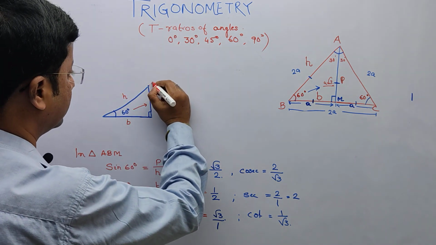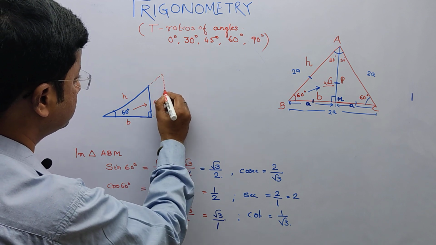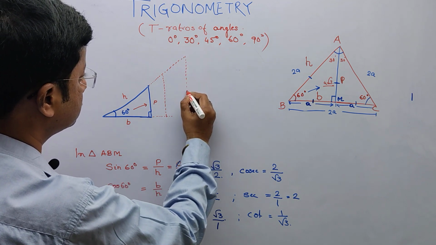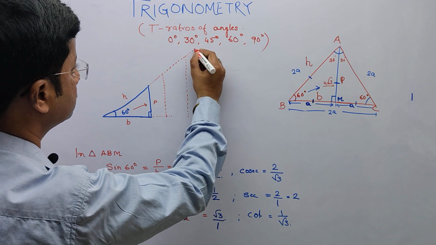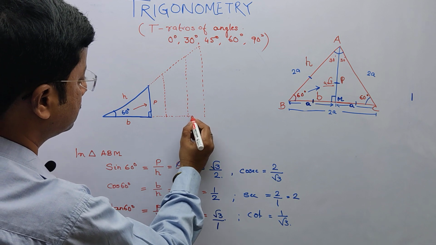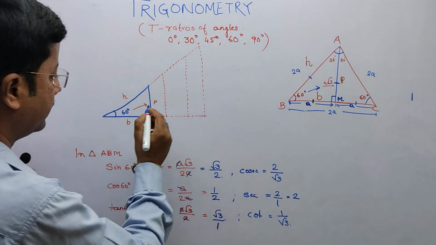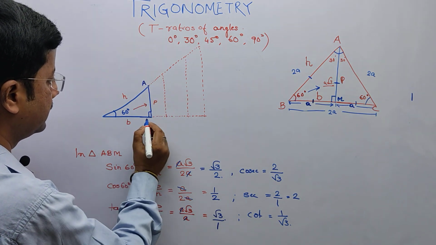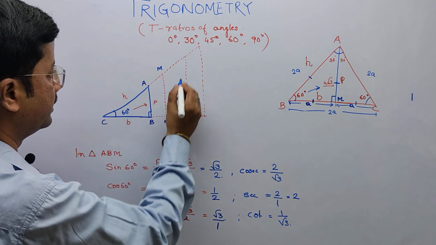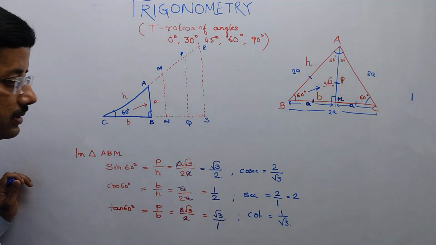So if I extend this line, also I extend, so what am I doing here? Now suppose this is A, B, C, M, N, P, Q, R, S.